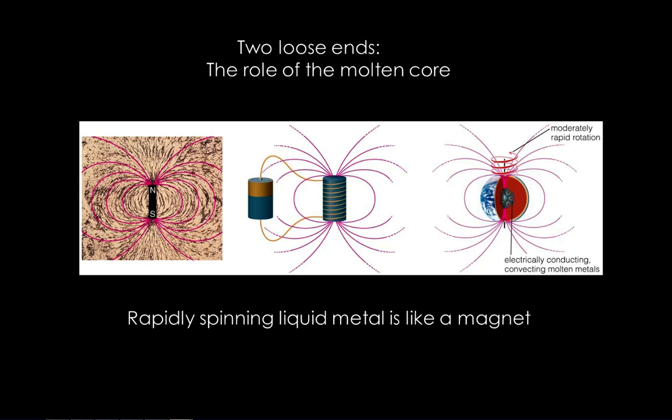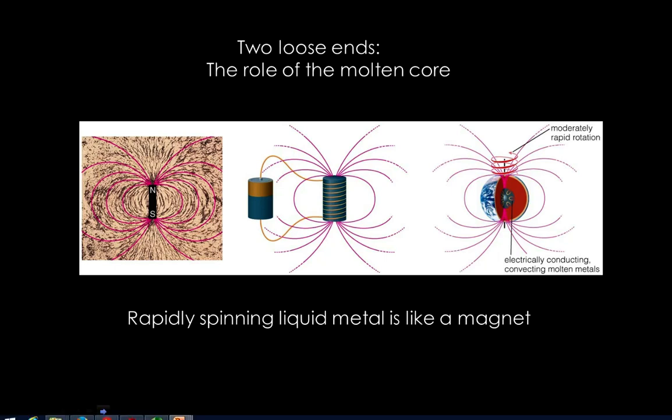Voila, magnetic field. So it turns out that Earth is spinning, and Earth has a molten core. The fact that it's molten is really important because this allows you to get those electrically conducting free charges. Once you have free electrons which are able to move and you spin the planet, all of a sudden you get a magnetic field.